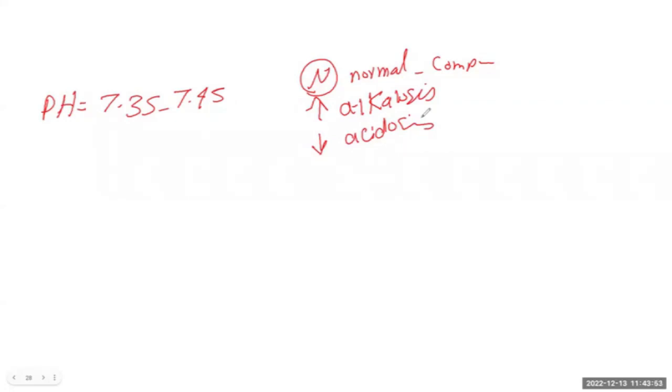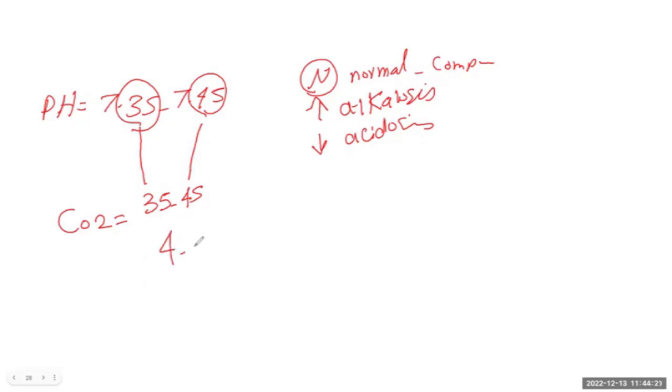Second part of the answer, to look at carbon dioxide and bicarb to know if the problem is respiratory or metabolic. So what are the normal levels of carbon dioxide and bicarb? Carbon dioxide, either we can say it's 35 to 45, very easy numbers, 35, 45, or by its pressure, 4 to 4.6 kPa, which is a pressure unit.